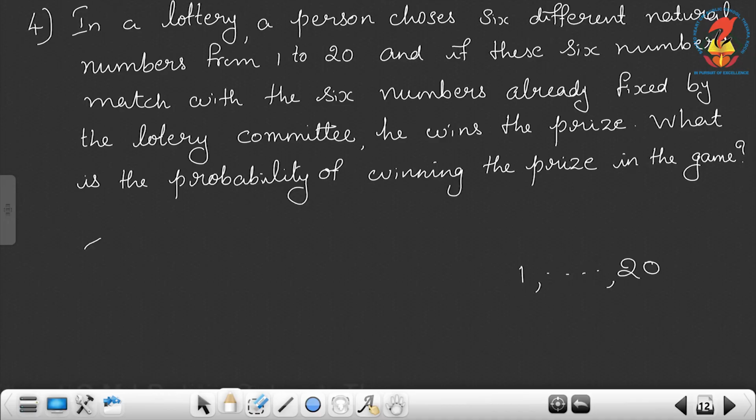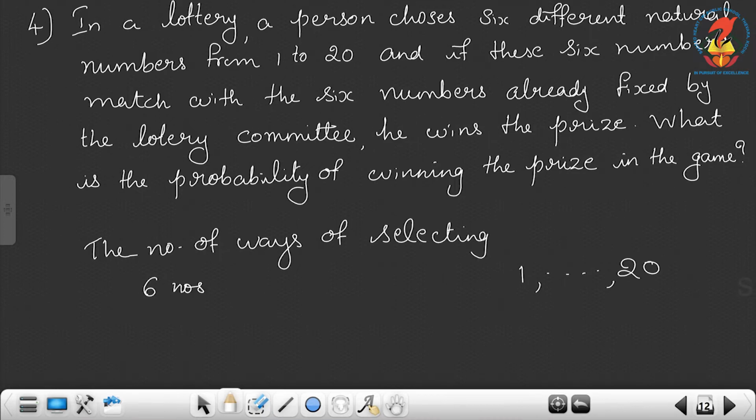The number of ways of selecting or choosing 6 numbers from 20 numbers. How do we write? That is equal to nCr.